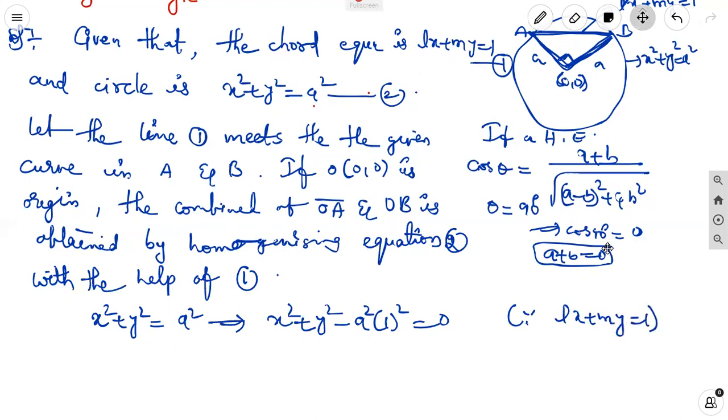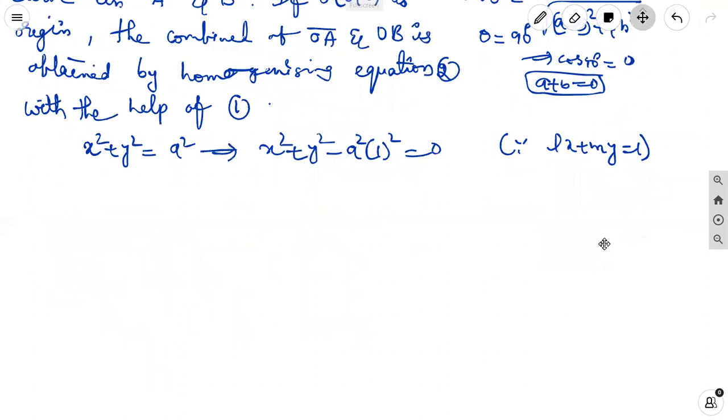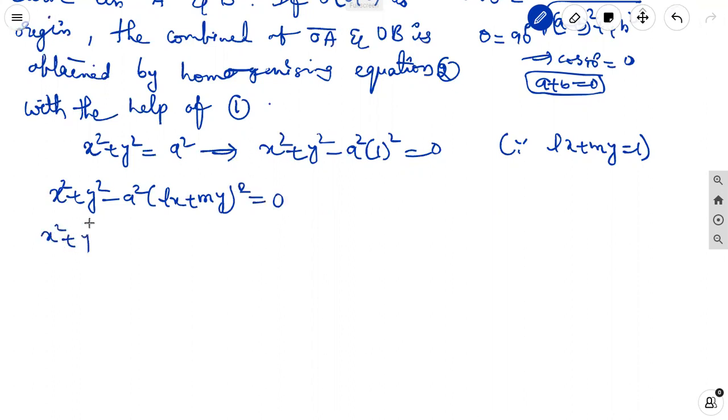Now we substitute: x square plus y square minus a square into (Lx plus My) whole square equal to 0. That is, x square plus y square minus a square into L square x square plus 2Lmxy plus m square y square equal to 0.